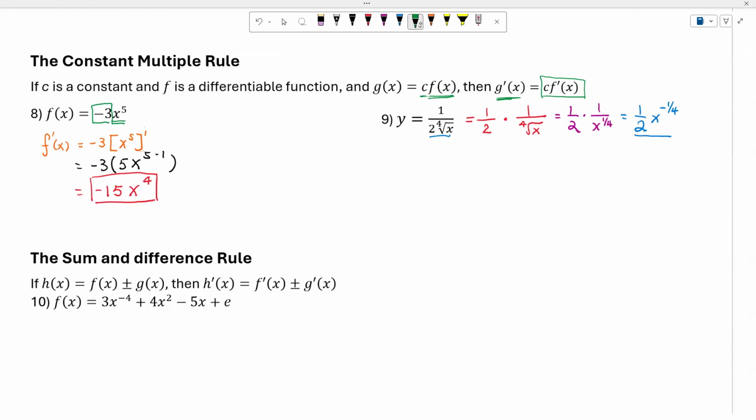Now I could take y prime, which is 1/2 times the derivative of x to the power of negative 1/4. I have negative 1/4, we bring the power down, x to the power of negative 1/4 minus 1.